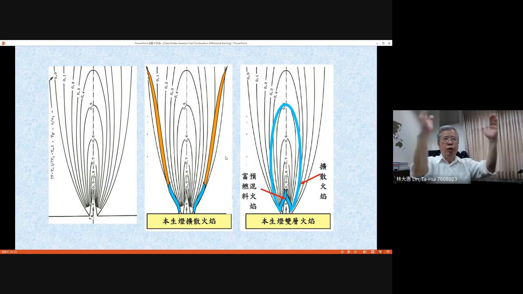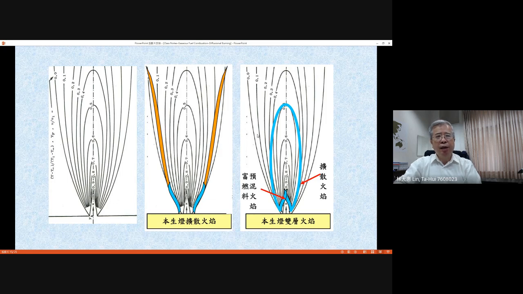Okay, this tells you the first estimation: you will expect the flame very close to the jet boundary. But secondly, you need to think about the diffusion strength, the balance between the fuel and the oxygen. Okay. Now, this is an idea to estimate the position of the diffusion flame.